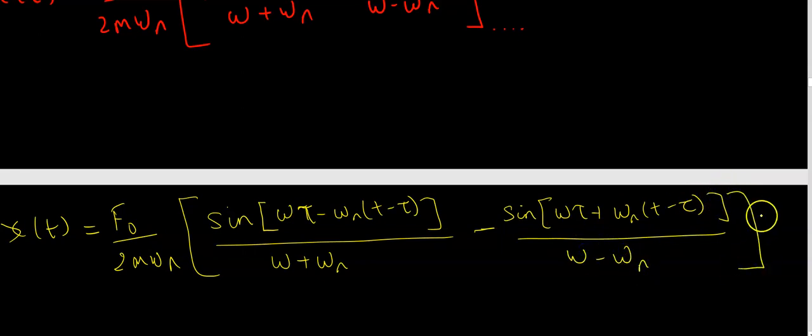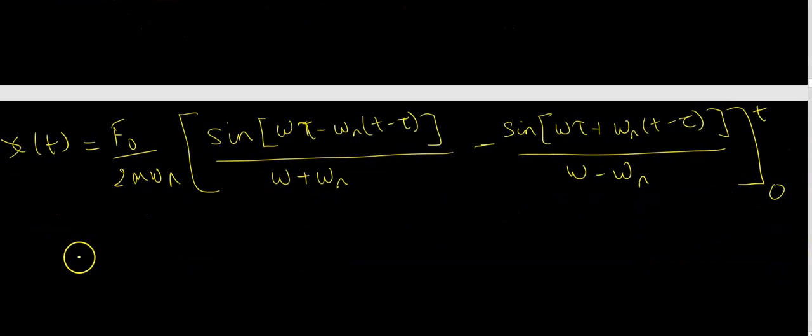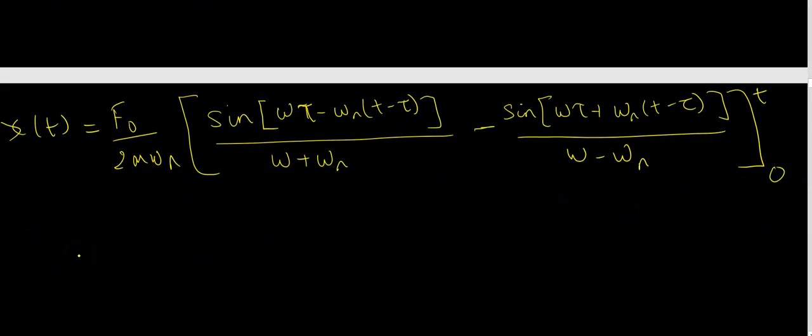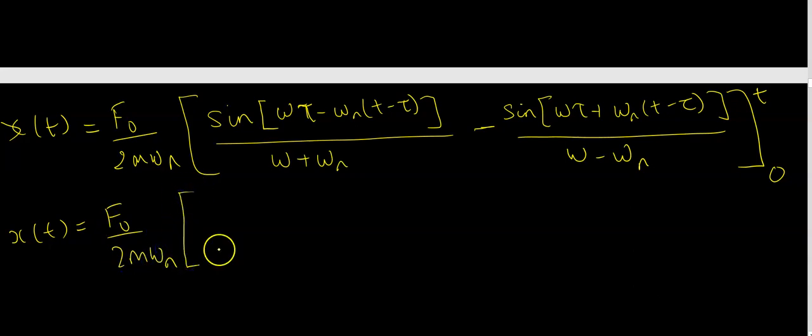And now I can put in my limits because I wanted tau to be between 0 and t. So we can substitute for your limits now, and what you're going to end up with is, well, let's do it, omega plus omega n.